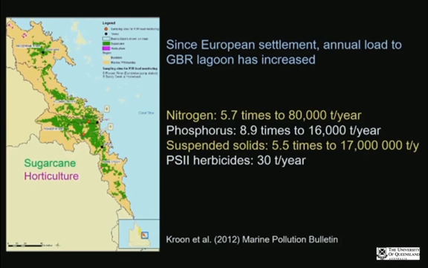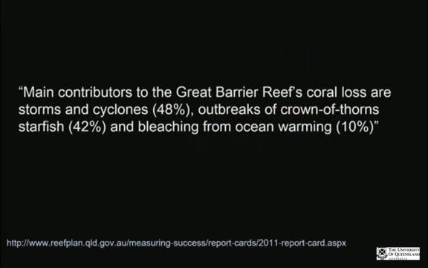And photosystem II inhibiting herbicides, which obviously weren't there before European settlement, are now 30 tons per year. So these are large numbers, close to an order of magnitude for phosphorus, for instance, increase into these Great Barrier Reef waters.